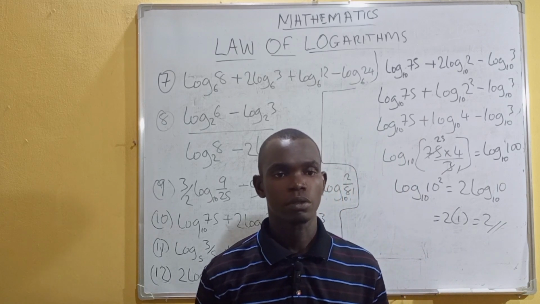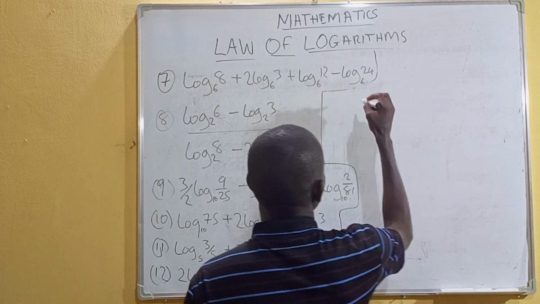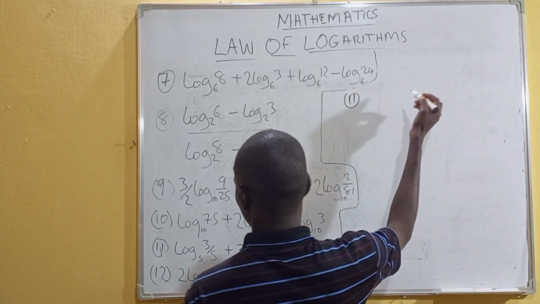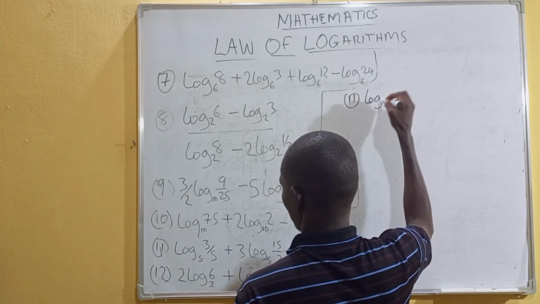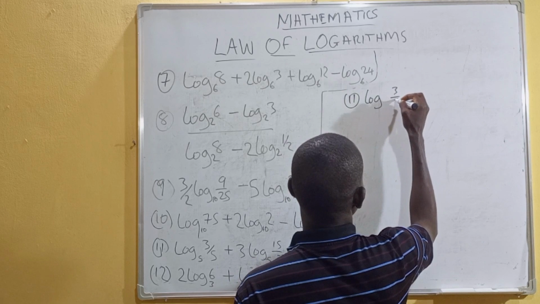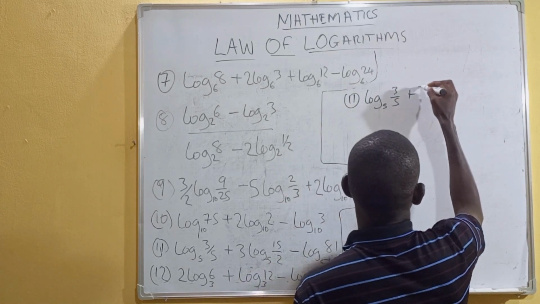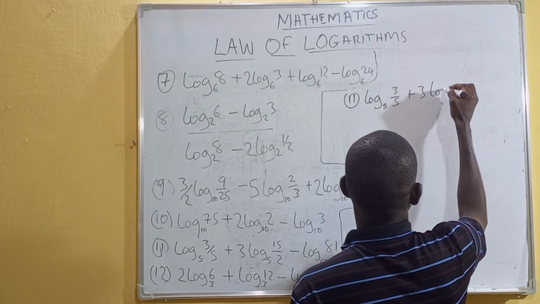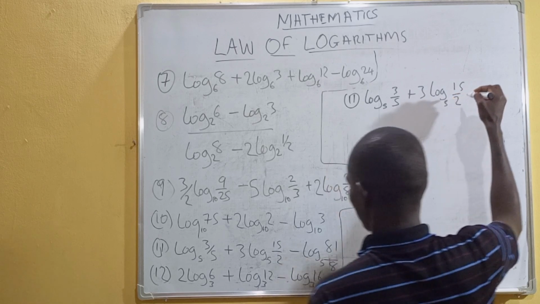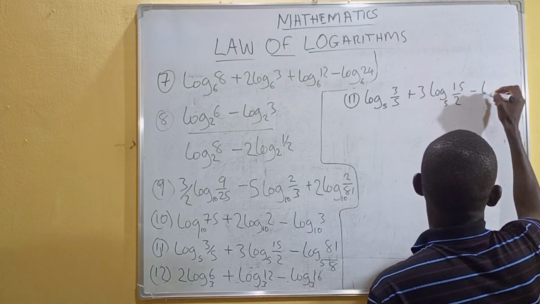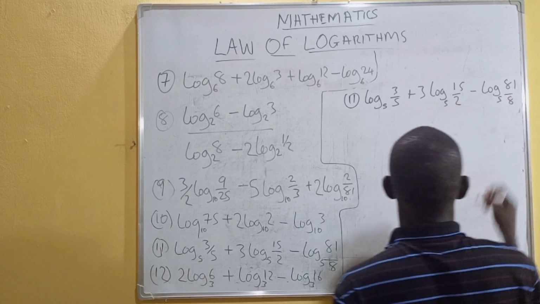Let's find the one for question 11. Question 11. We have log of 3 over 5 of base 5 plus 3 log of 15 over 2 of base 5 minus log of 81 over 8 of base 5.